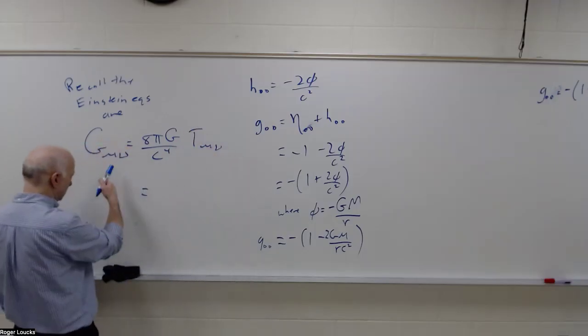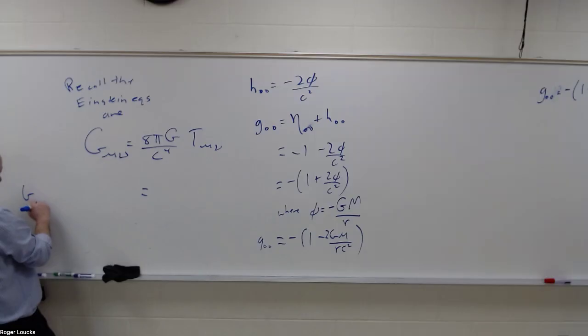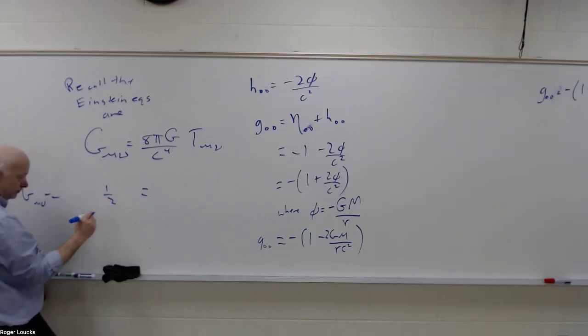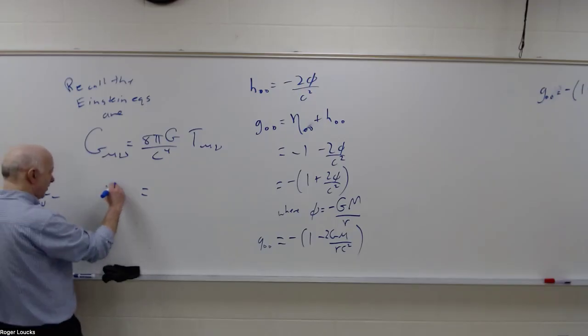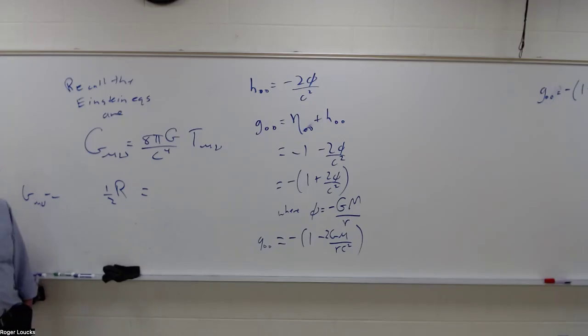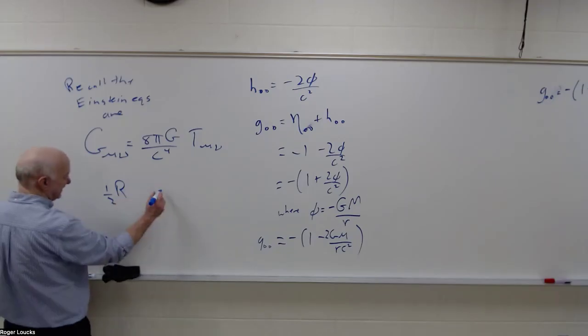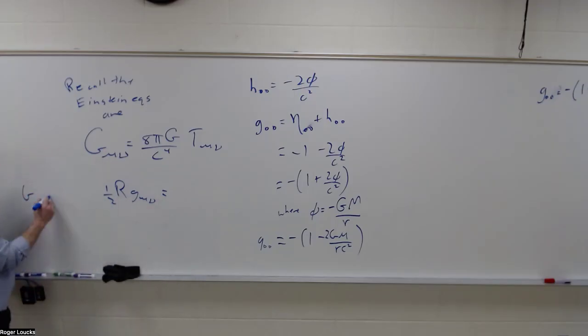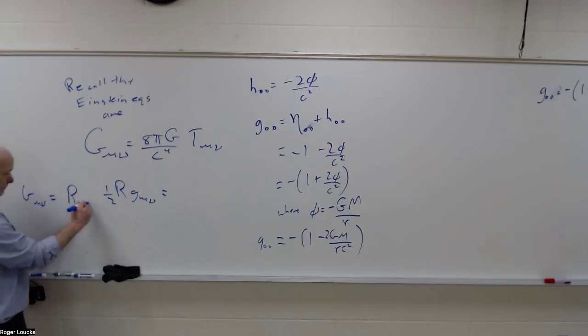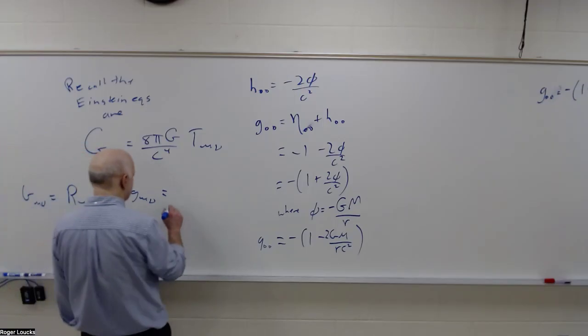And I think there's a one half coming in here. The G mu nu, okay, there is a half here, times the covariant derivative of R, or just R, R times g mu nu. What goes in front? R mu nu minus one half R g mu nu.